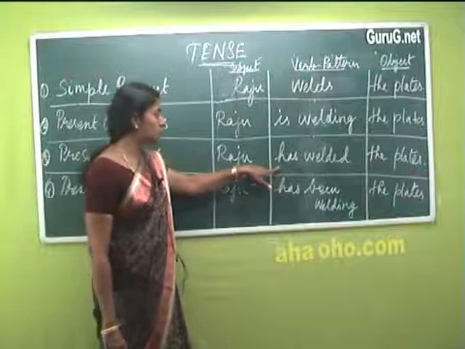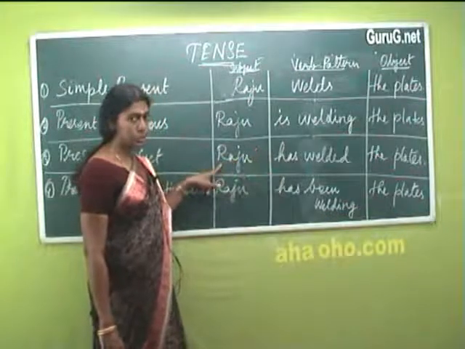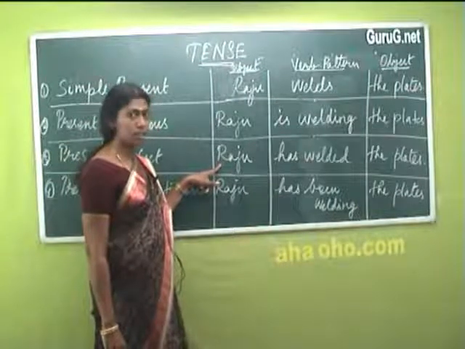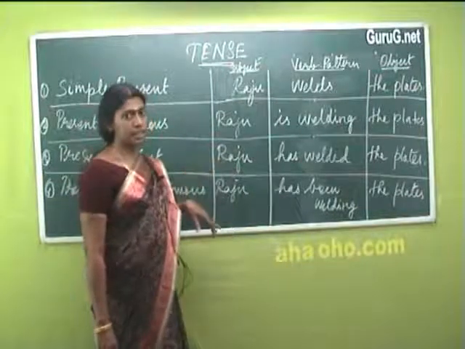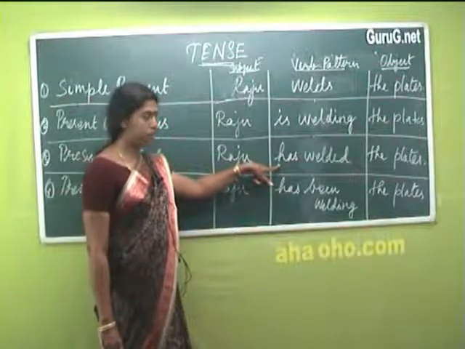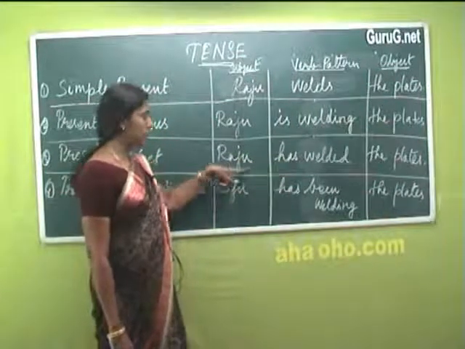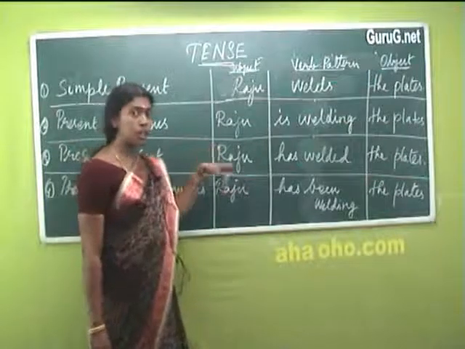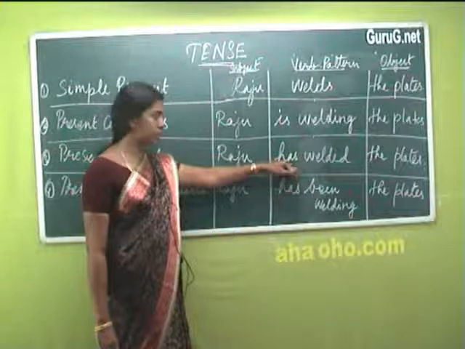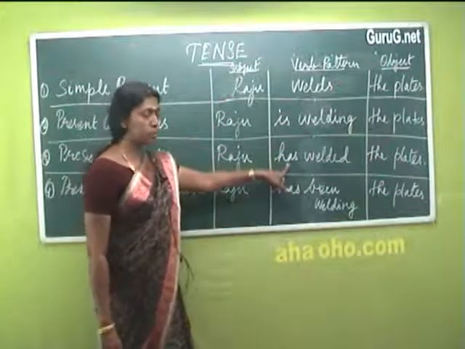Only has goes with the third person singular subject in the present tense. Suppose the subject is plural in present tense, then what is the perfect tense auxiliary I have to use becomes a question here. It becomes have.